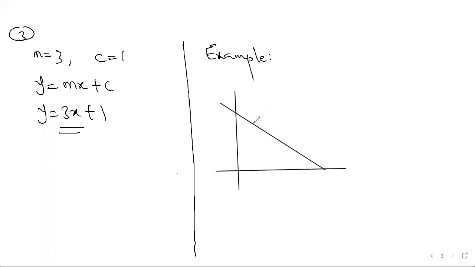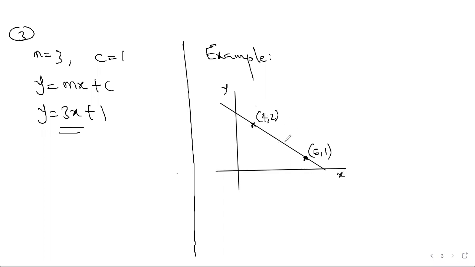They're told that this point is, let's say 4, 2, and this point is 6, 1. So let's say you have coordinates of 2 points on the line, and you have to find the equation of that line. So this is y, this is x.